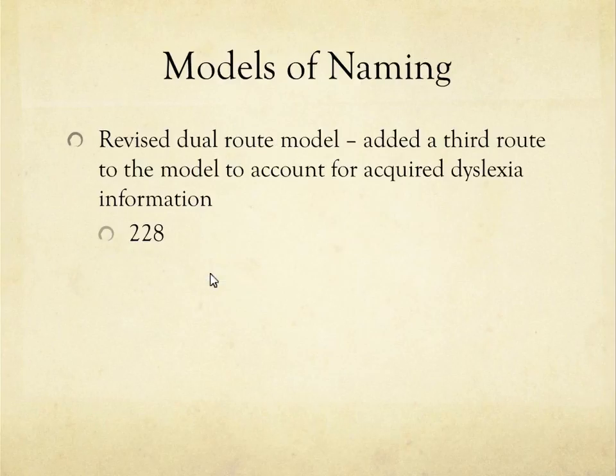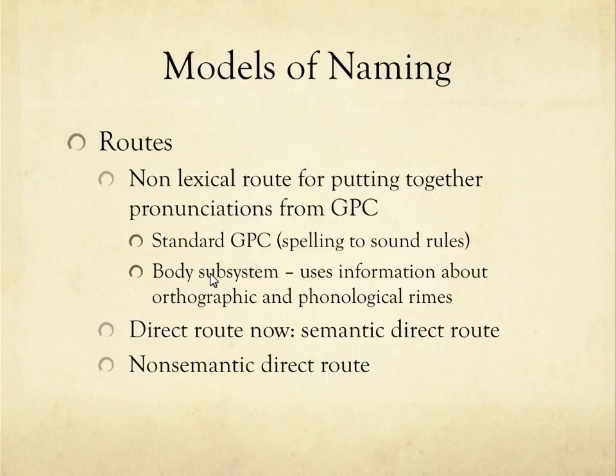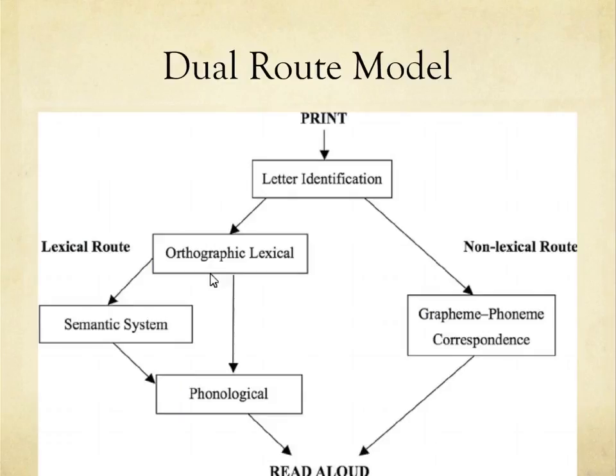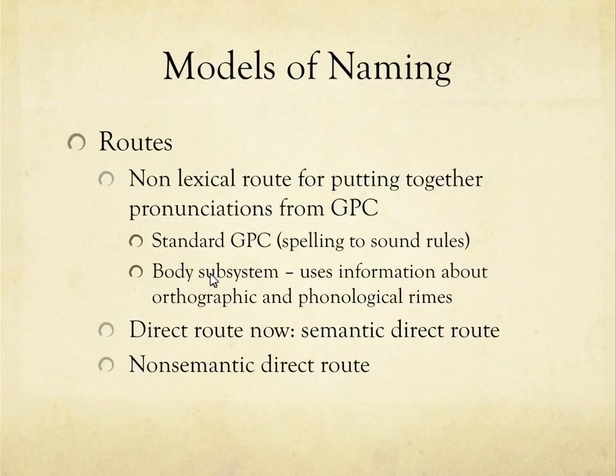Okay. And so what we have to do now is revise our dual route model to really explain acquired dyslexias and some of the effects we see between surface, phonological, and deep dyslexia. So I have a picture of that somewhere here in a couple slides. So let me back up.